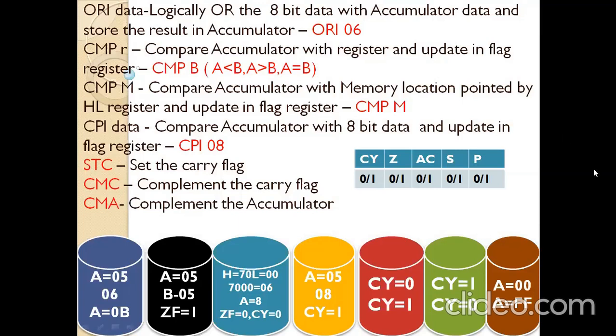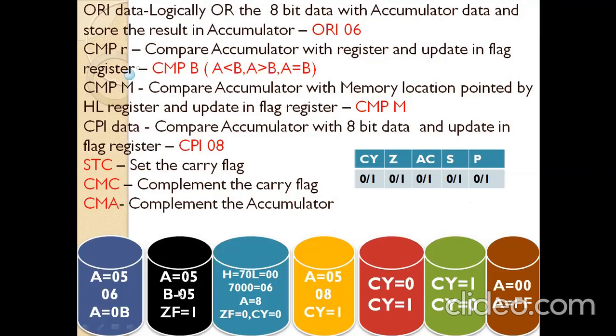So what will happen? This is called the flag register. The flag register is an 8-bit register. 3 bits are not used; they are kept for future purposes. Only 5 bits are used: sign, zero, auxiliary carry, parity, and carry flag. So it will be zeros and ones.